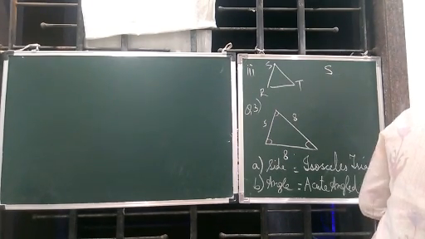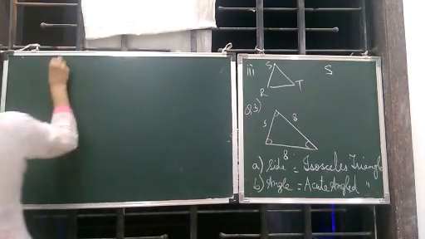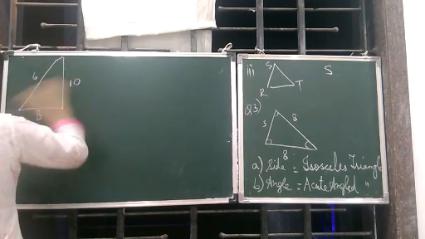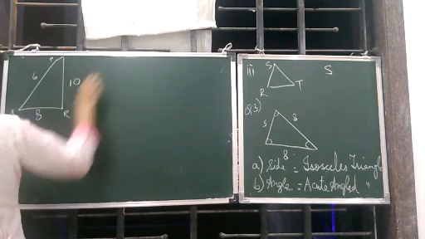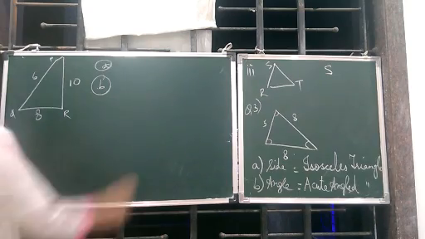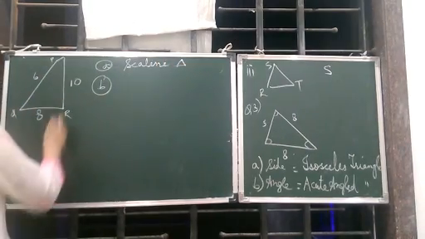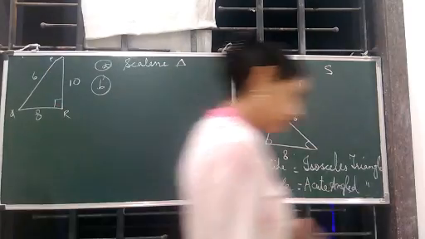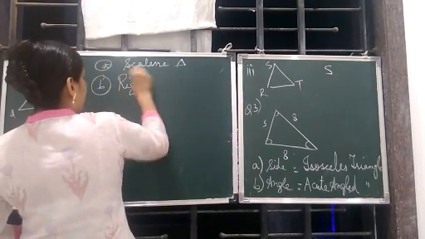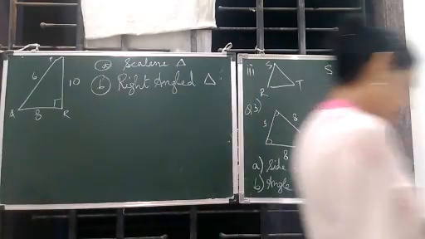Six, 8 and 10. Right angled triangle. This completes the second one.